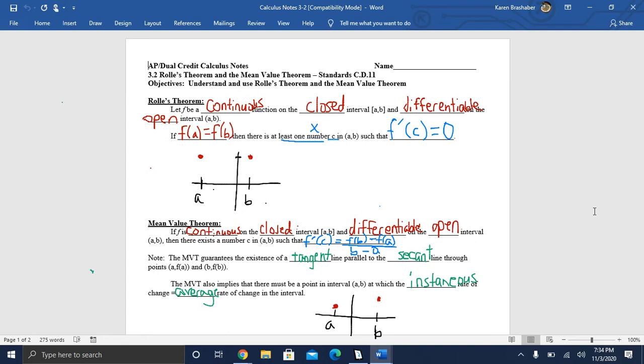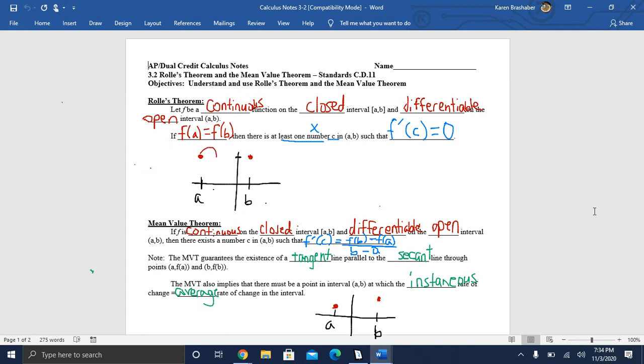And so I'm going to draw a graph that meets those conditions. And I went ahead and put points at just a random y value so that f of a does equal f of b. And I can actually draw any function that I want to. So I could just draw a line. I could draw part of a parabola.